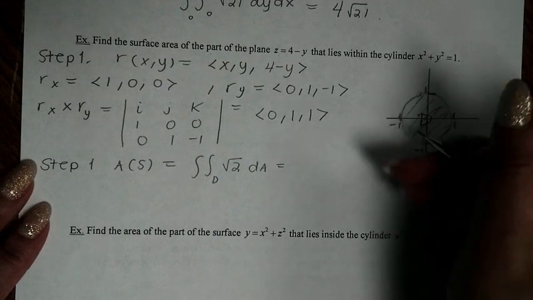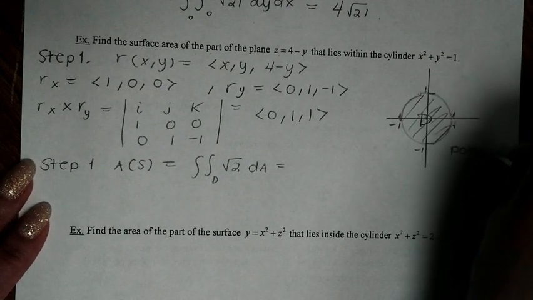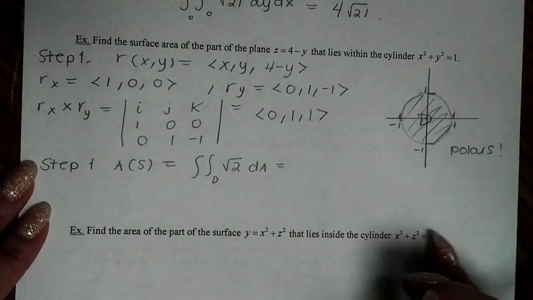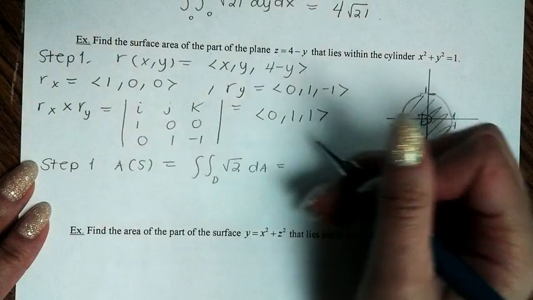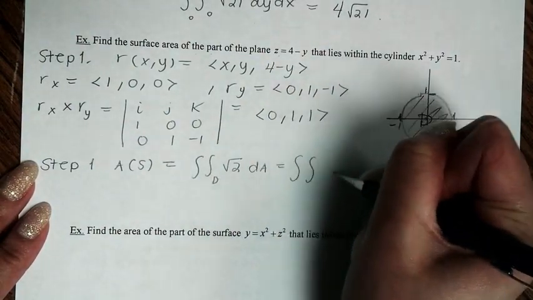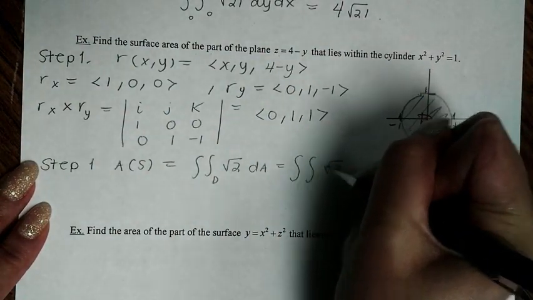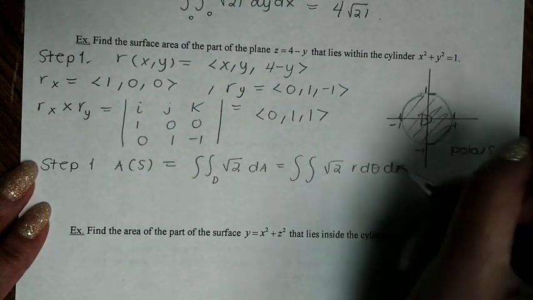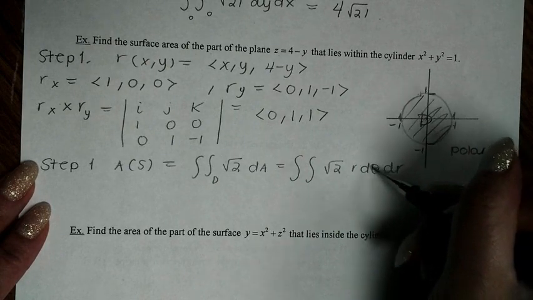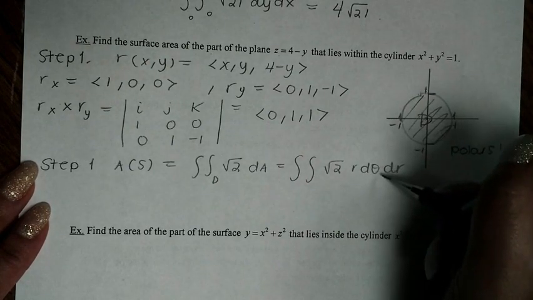Therefore, I'm going to use polars. Remember that when we do polars for double integrals, your dA is going to be r dr d theta. So let's look first at the limits of integration based on theta.